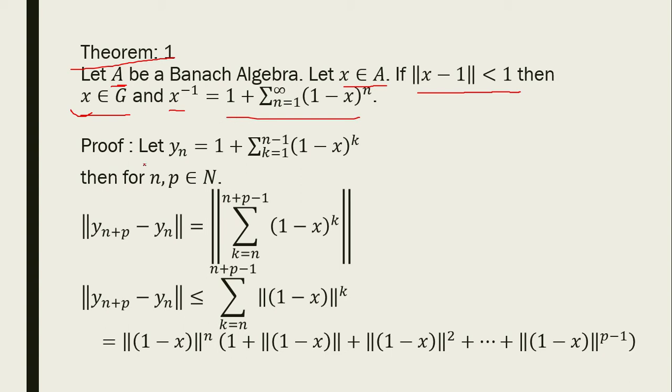So we let Y n be equal to 1 plus the summation k equal to 1 to n minus 1 of (1 minus X) raised to k.